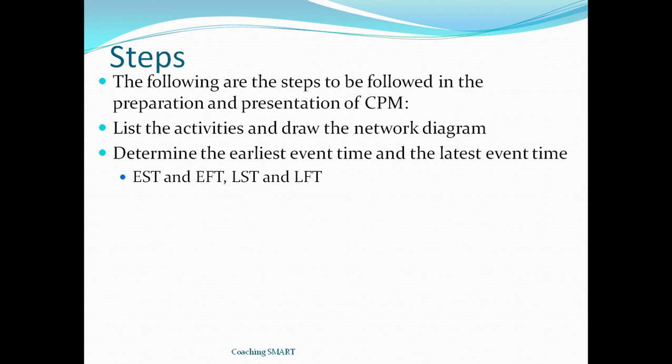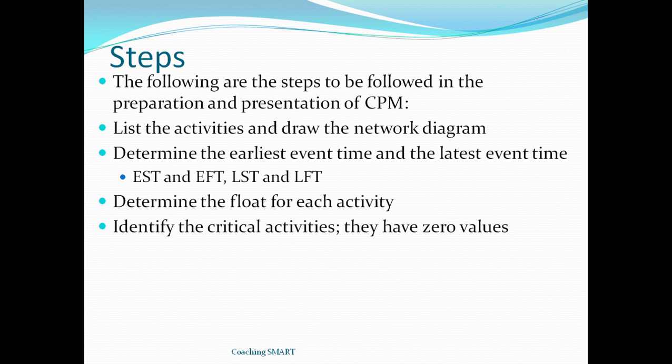And latest starting time and latest finishing time for the latest event time. 3. Determine the float for each activity. 4. Identify the critical activities. They have a 0 value. So when you determine the float, the value of 0 determines the critical activities.